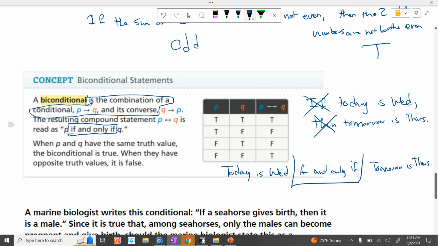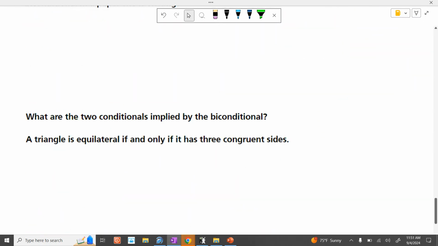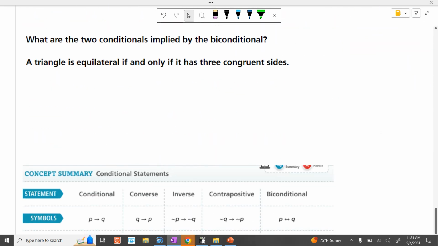But the key part of a biconditional is that "if and only if" is in the middle, and you only have one statement there. A triangle is equilateral if and only if it has three congruent sides. So what are the two conditionals for that? We're going to break apart the biconditional.